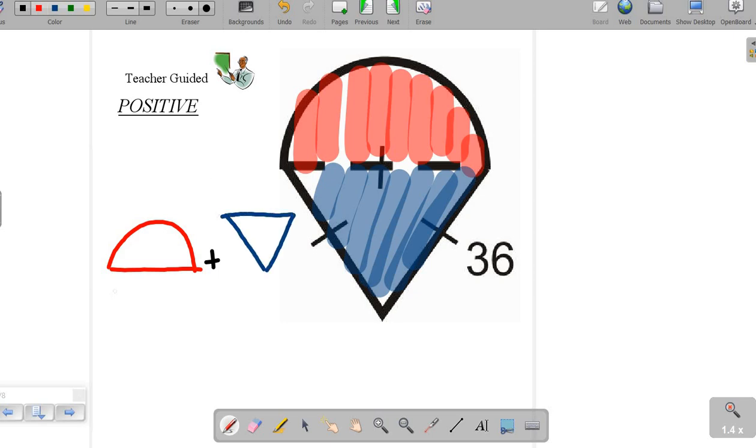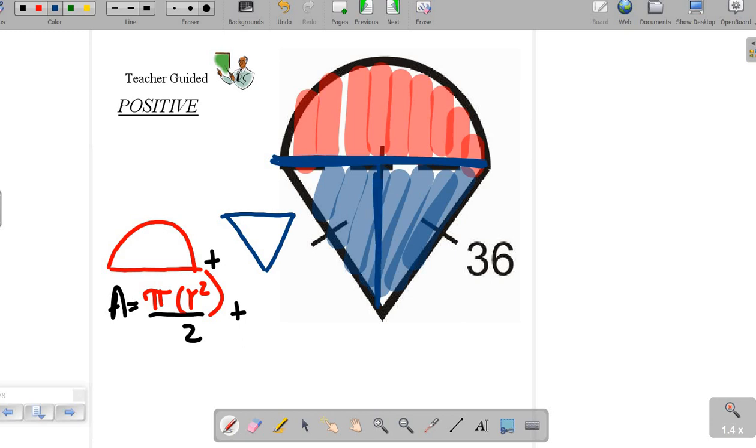Now, the area equation of a half circle is pi r squared, and it's half, so it's over 2, plus the area of a triangle. This is going to be a little tricky because it's base times height over 2. Problem is you do not have either of those right off the bat. Let's see what we do have.